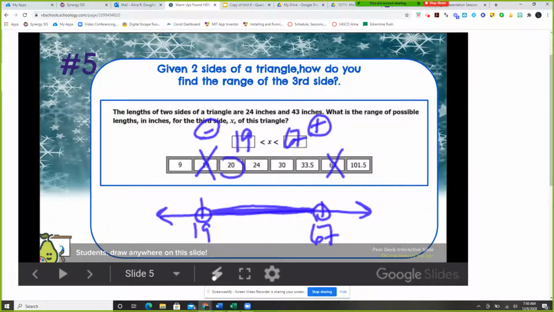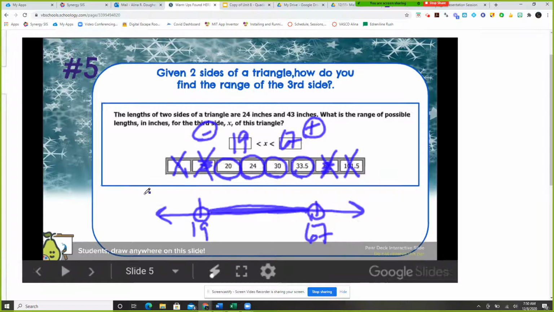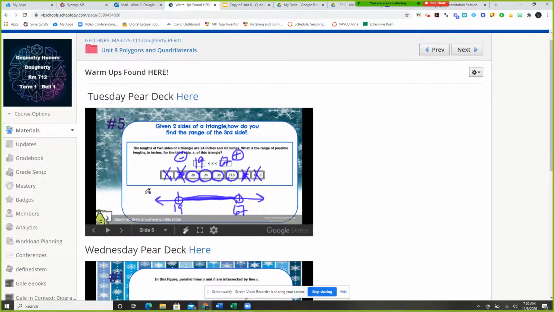If I was supposed to highlight these boxes, I would highlight everything in the middle, but not those two endpoints. It can't be less than 19, which is kind of obvious, and it can't be more than 67, which is also obvious. The trick here is to not include the 19 and the 67 in your answer choices. Does that make sense? Kind of, sort of, maybe?